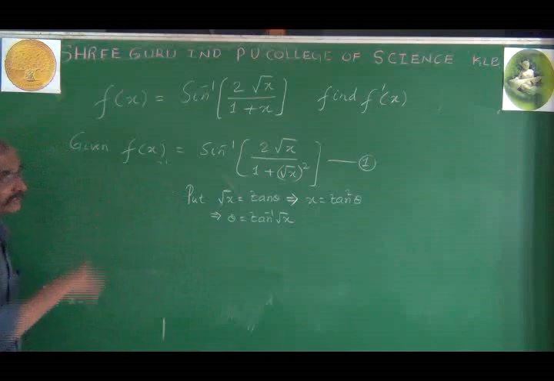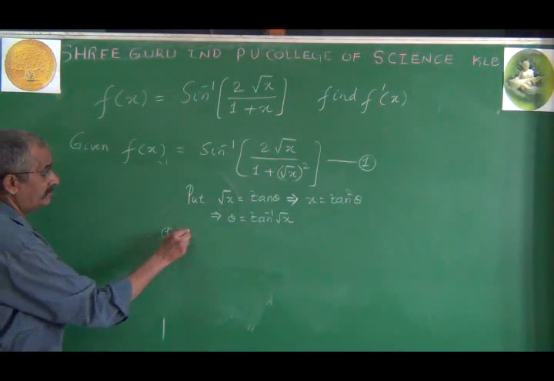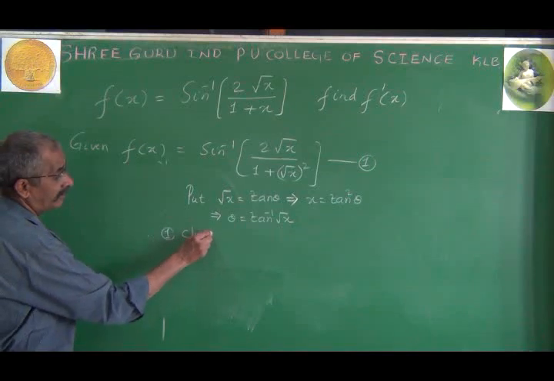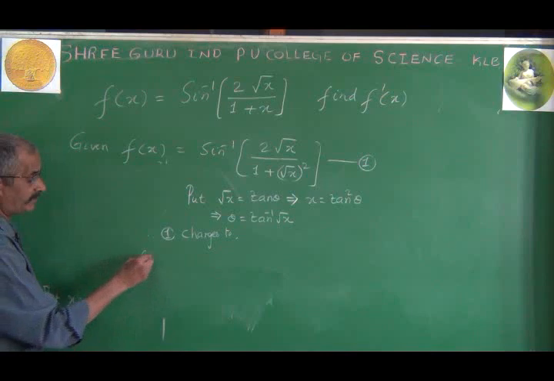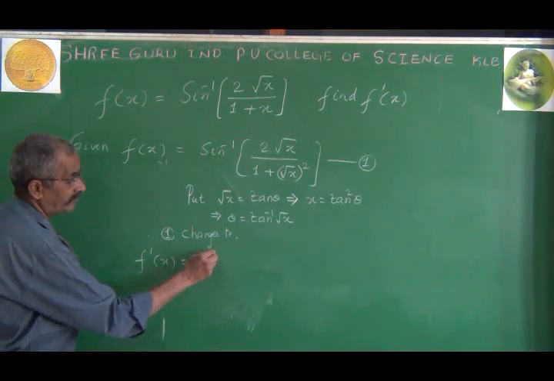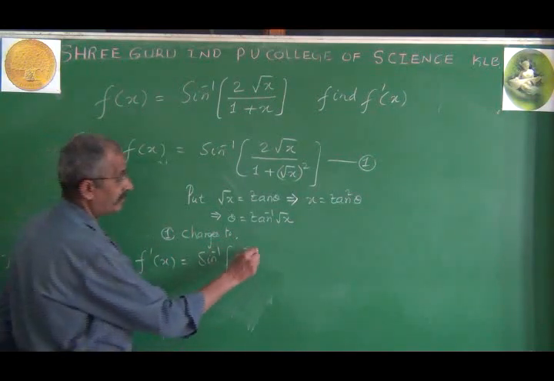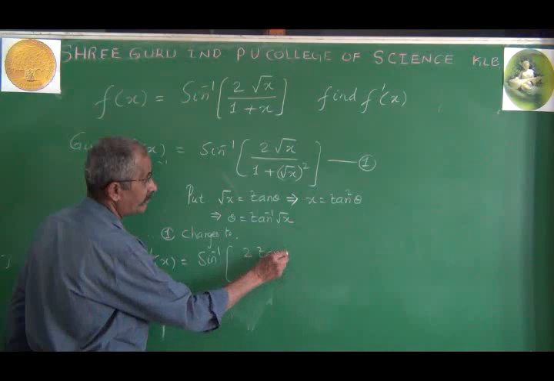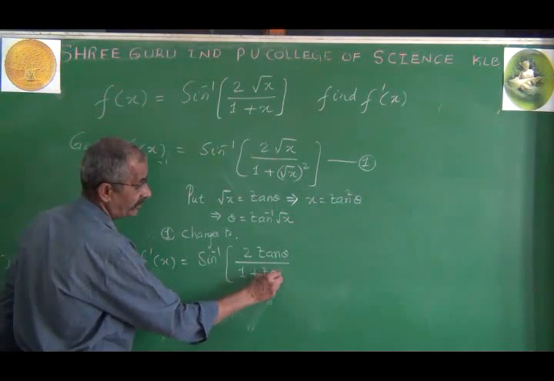With all these relevant steps, now it reduces to f dash of x equals, on the right hand side, sine inverse of 2 into root x, which is tan theta, divided by 1 plus root x whole square, which becomes tan square theta.